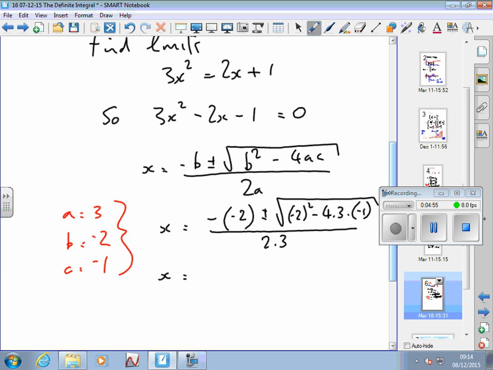Minus times a minus is a plus, so that's plus 2. 2 squared is 4. If you're aware of this next point, then don't worry, but if you're not: if I put minus 2 inside a calculator and hit the squared button, what do I get?